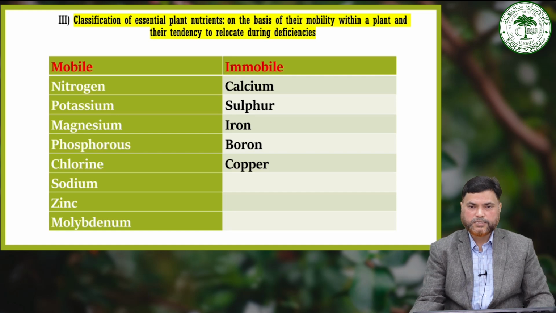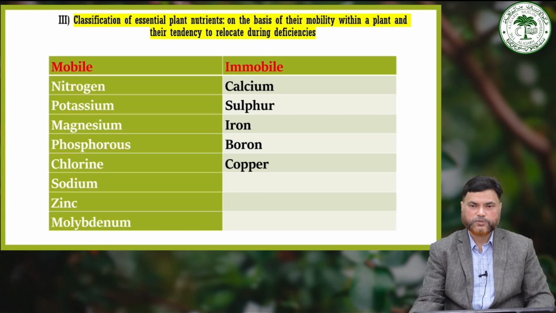Now, in contrast to mobile elements, certain elements exhibit limited mobility within plants. Like you see in the slide, this list includes boron, iron, calcium, and copper. Once they are absorbed by the roots, these immobile elements tend to remain localized within the tissue where they are initially taken up.